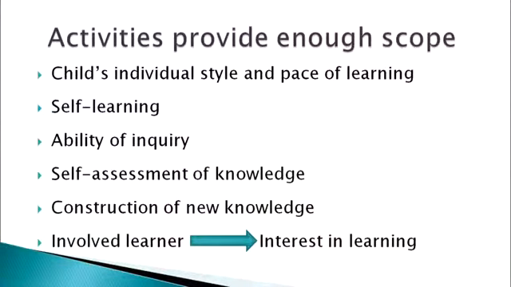And if you see this arrow going there in the last point, an involved learner has automatically an interest in learning. If you are so busy doing that activity like it was in that earlier picture, then obviously it will create interest. It's a pleasurable activity and it will create interest in the act of learning also for you.